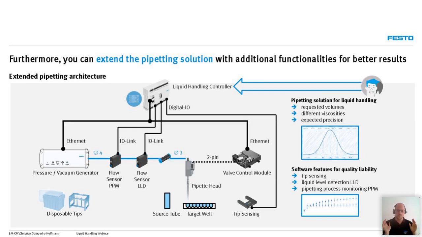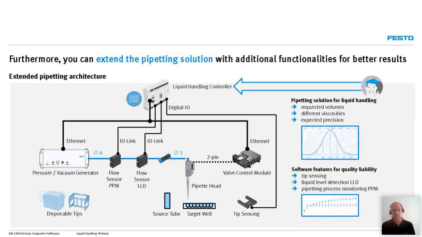You can add some sensors and hardware to realize some features and functionalities. For example, you want to have liquid level detection. So you want to know when the pipette is hitting the liquid, so you know, okay, here's the liquid, I have to dive into the liquid from this point and then suck the right amount of liquid.